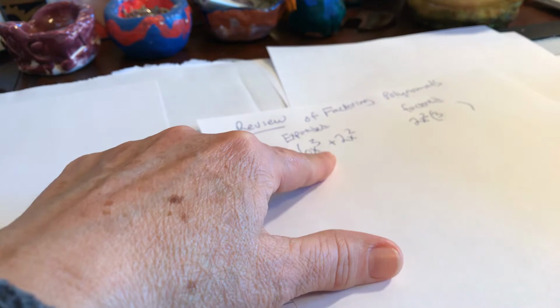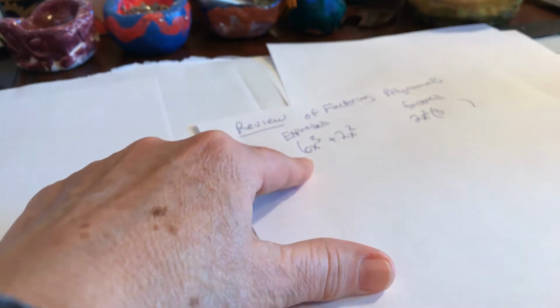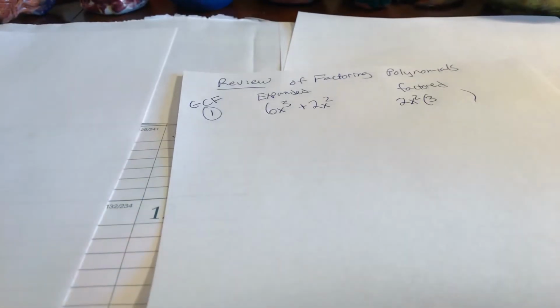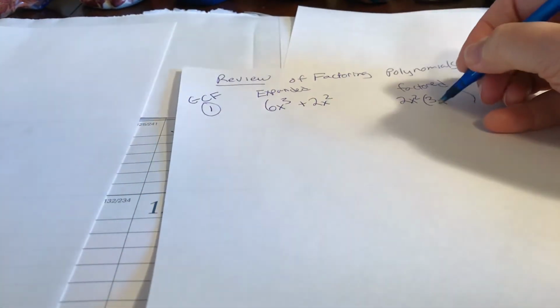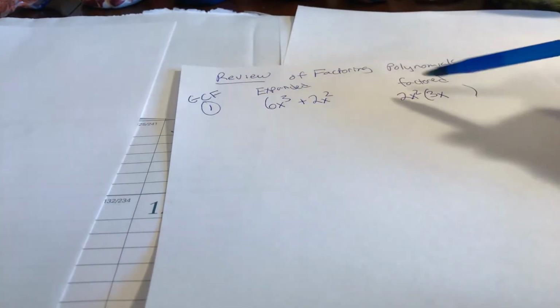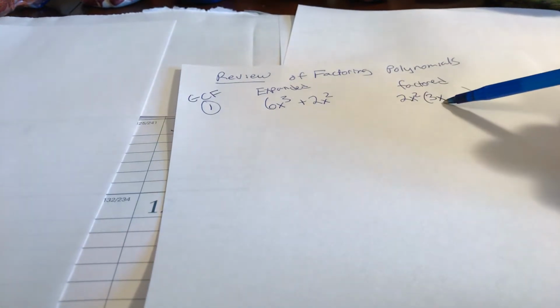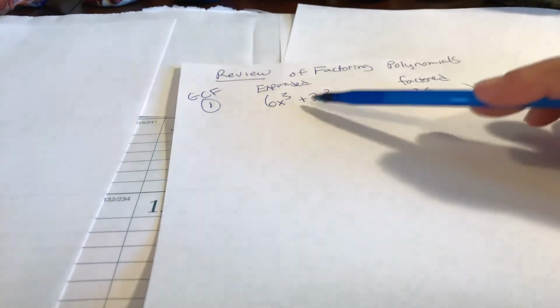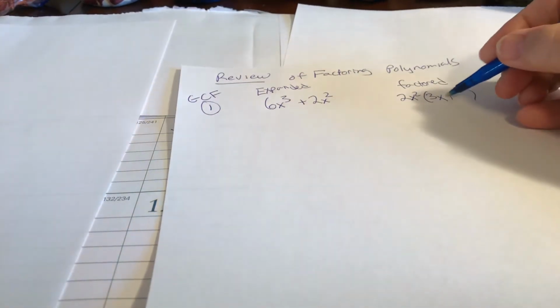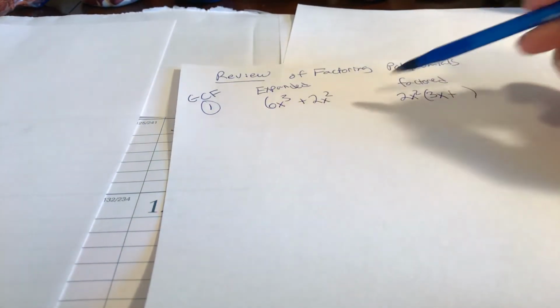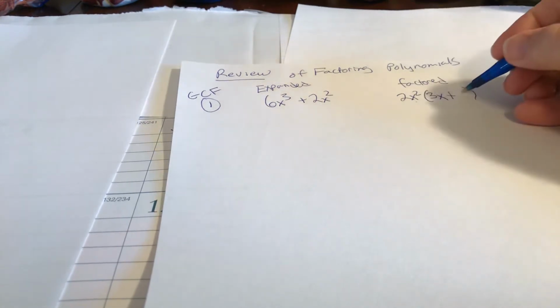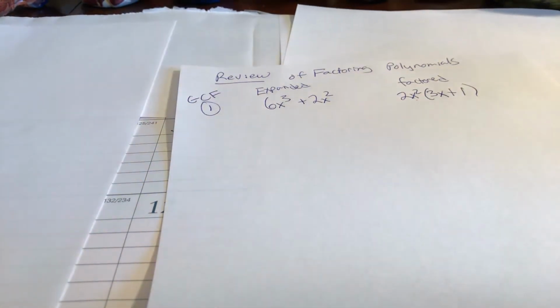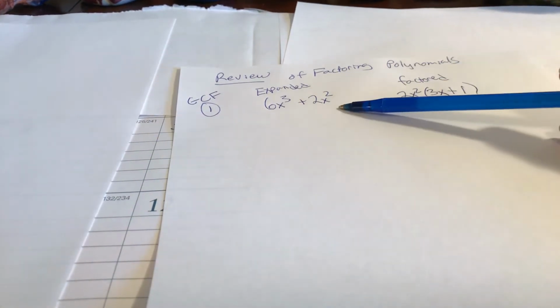X to the third divided by x squared is x. One more time, when you multiply these 2 together, you need to get this 6x to the third back again. Addition sign. 2x squared divided by 2x squared is 1.